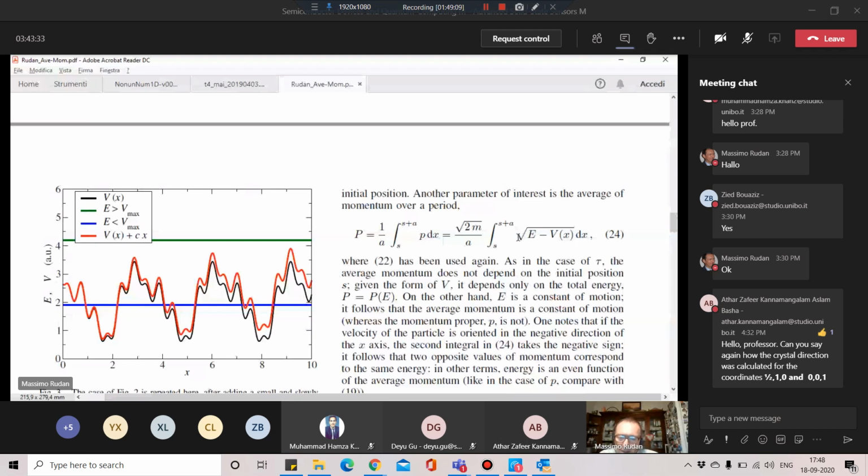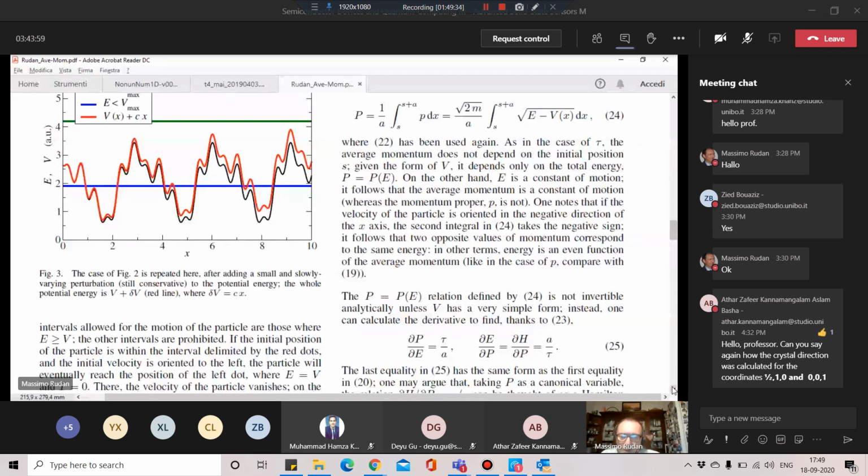But you remember, energy is a constant of motion. So energy does not depend on time. It follows that the average momentum is a constant of motion as well. So that is, it does not depend on time. So this is fundamental. The actual momentum, small p, depends on time.